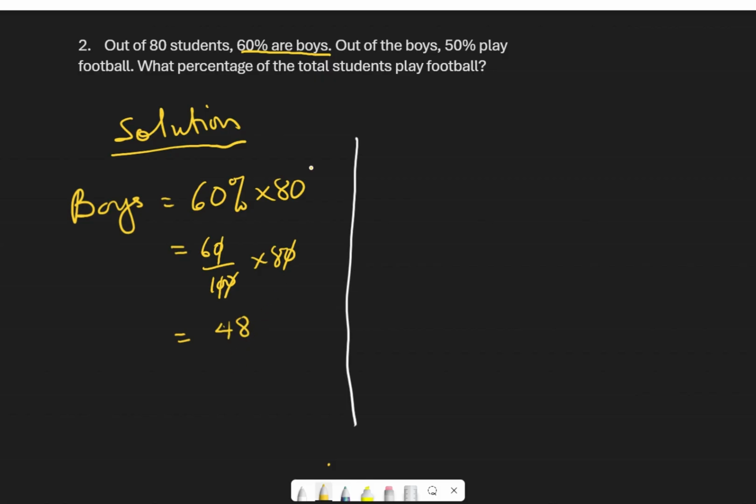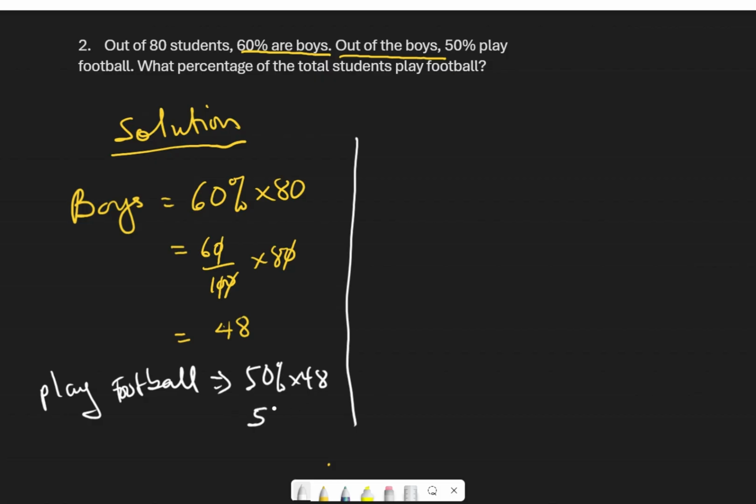Now, out of this 48, this is a statement. Out of the boys, 50% play football. So out of the 48, 50% play football. So those that play football, that is 50% of the 48.